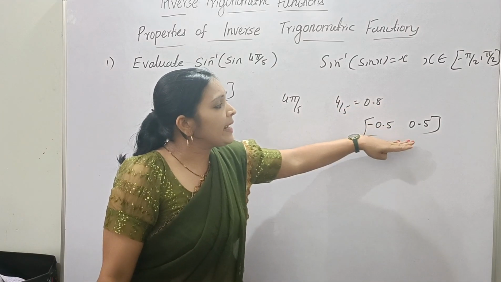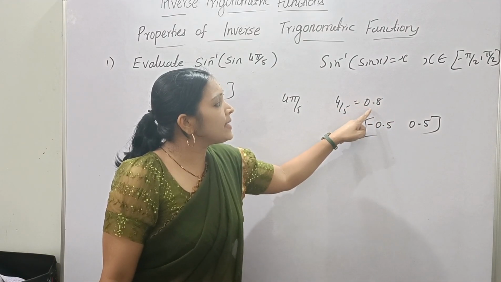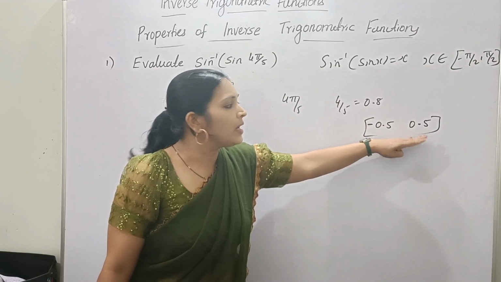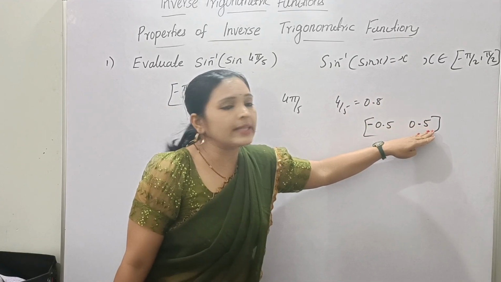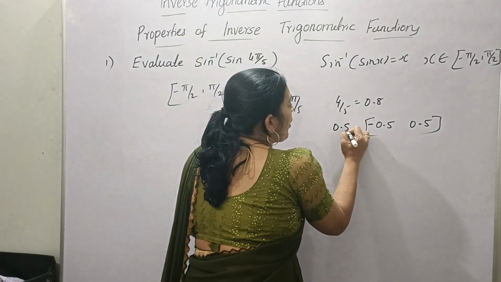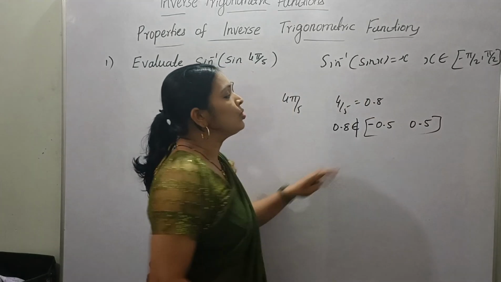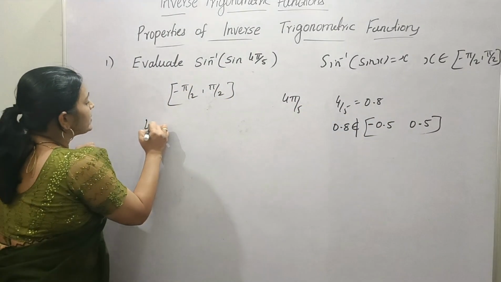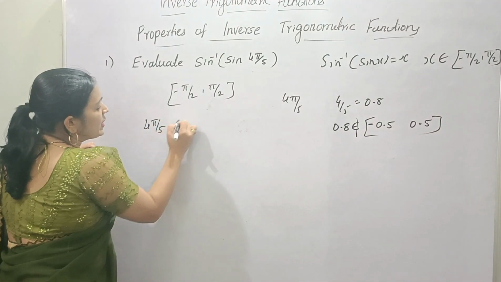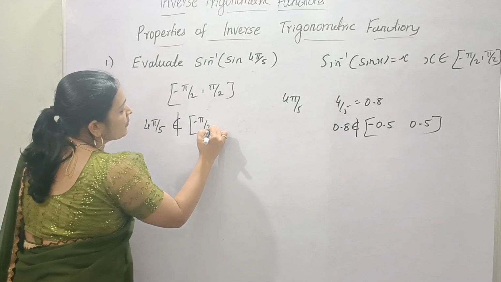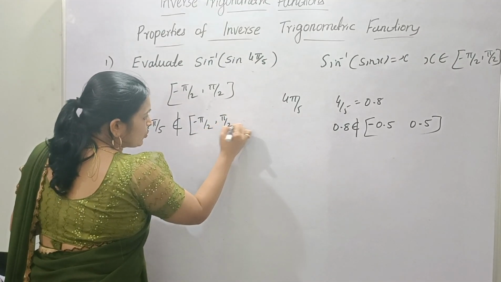Now, it is clear that this 0.8 does not belong to this interval, because 0.8 is greater than 0.5. Therefore, we can write that 4 pi by 5 does not belong to the interval minus pi by 2 to pi by 2.